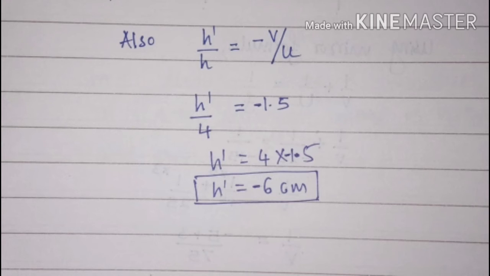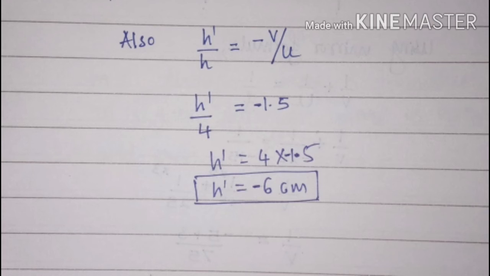Also we have h dash upon h equal to minus v by u. Substituting for h and minus v by u equal to minus 1.5, we get h dash, the height of image, as minus 6 centimeter. Minus 6 centimeter means the image is below the principal axis.